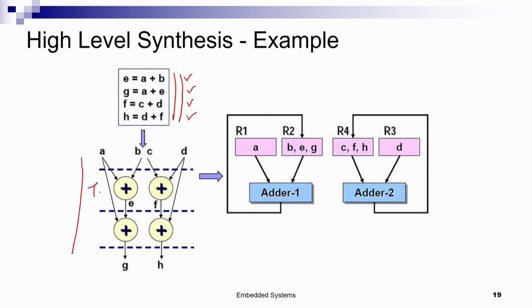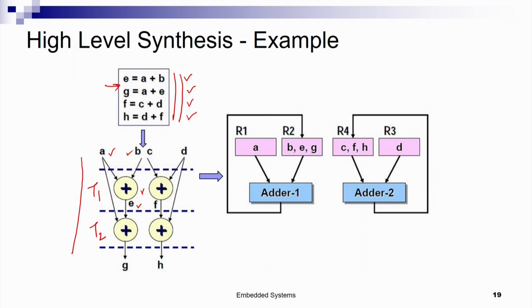This schedule has two time steps, T1 and T2. How this transformation is done we will see. Taking the first statement, A and B are passed through an adder and the output generated is E at time step 1.